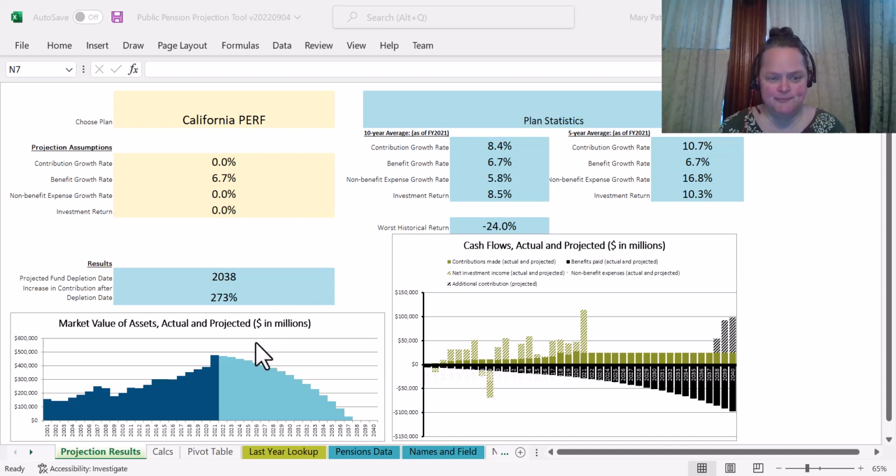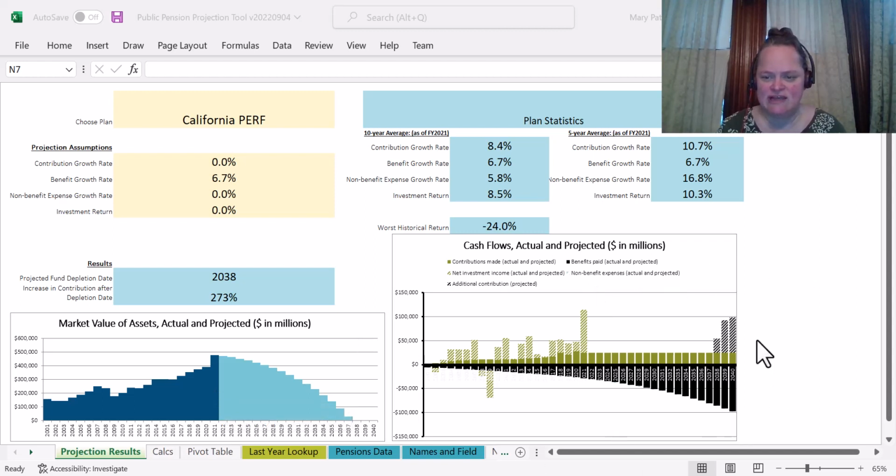But the point here is you have this benefit growth rate of 6.7% that's compounding year over year. You start with about $28 billion in benefits in the year 2021, and it's growing about 7% per year.